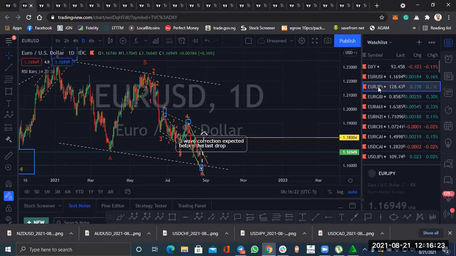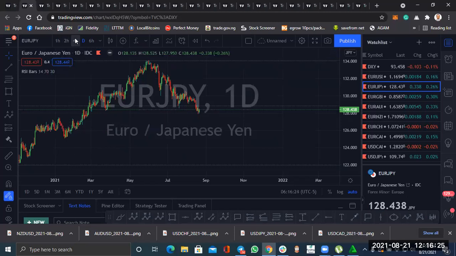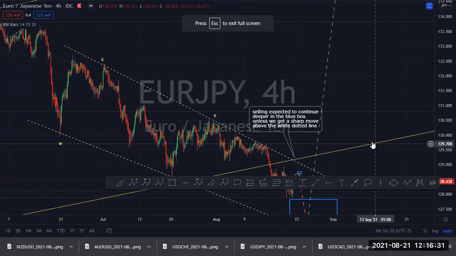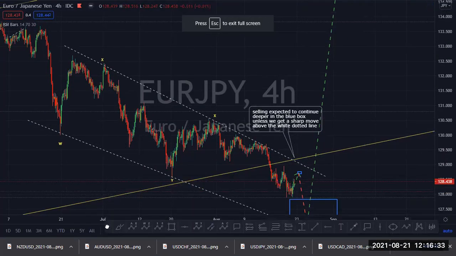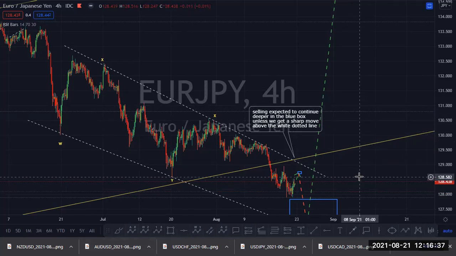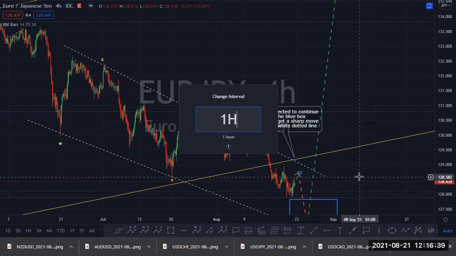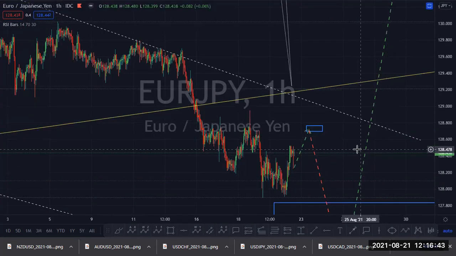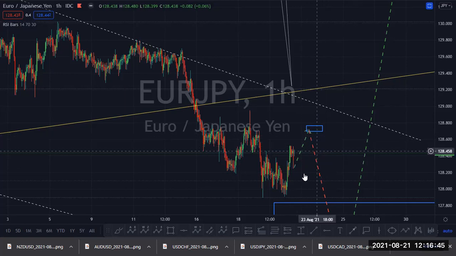Euro JPY. We also expect a drop, and we expect a further drop on Euro JPY. So the buying now we have, just like Euro USD, we will likely get ABC.